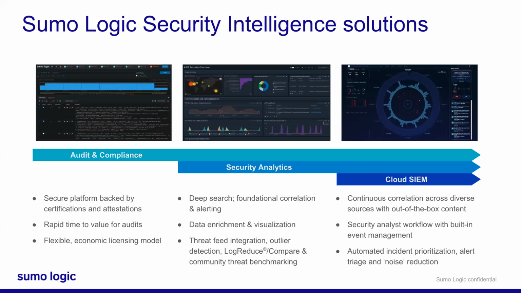So we provide a free threat intel integration, which comes from CrowdStrike, using which you can do all your correlations. We provide powerful outlier-based detection capabilities, using which you can identify anomalies which happen inside your infrastructure. We also provide powerful log reduce and log compare functionalities, using which you can quickly sift through, I would say, thousands of log records to derive insights out of it very quickly.